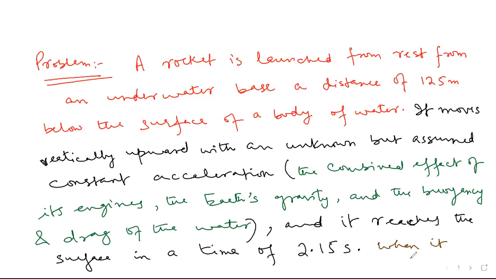Let me check it, then we will discuss the solution. A rocket is launched from rest from an underwater base, a distance of 125 meters below the surface of a body of water. It moves vertically upward with an unknown but assumed constant acceleration.